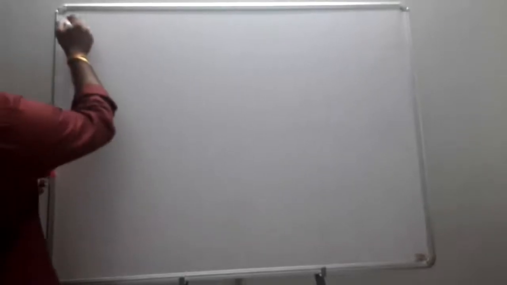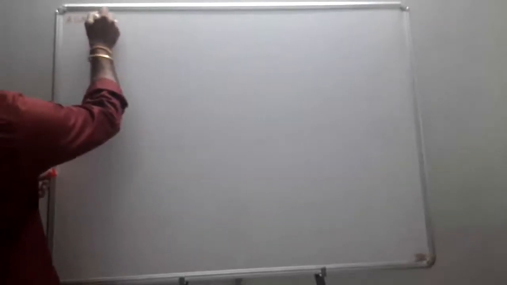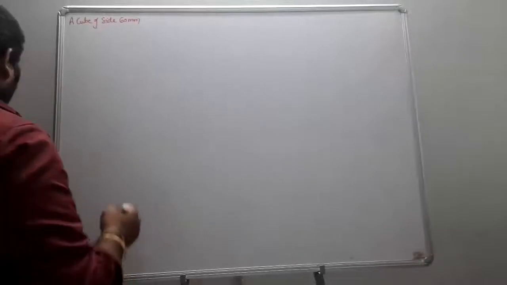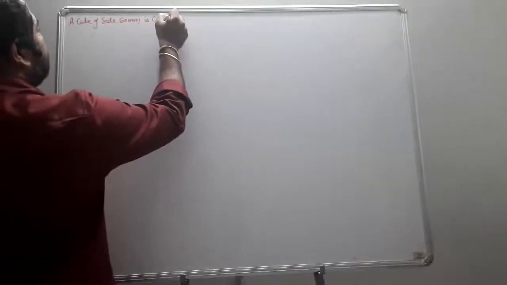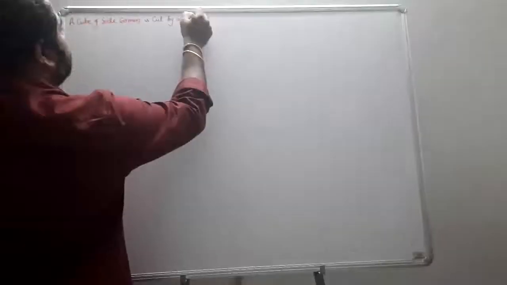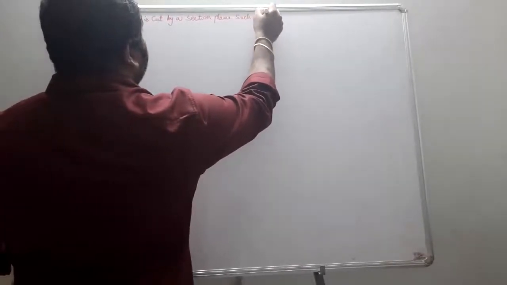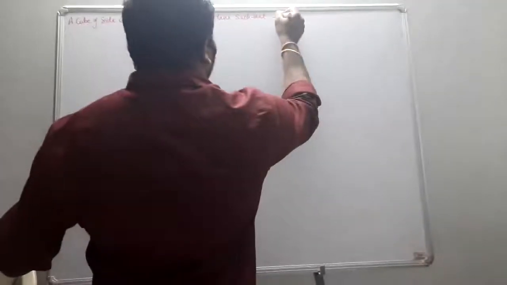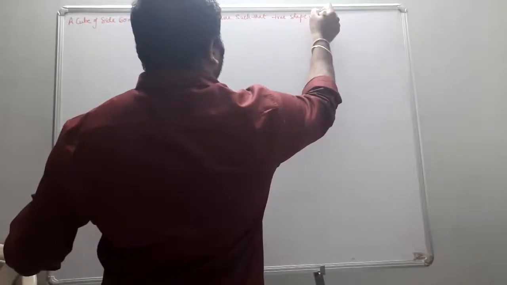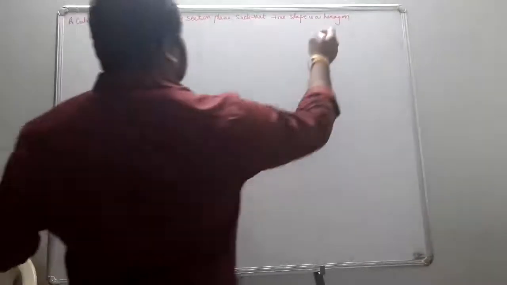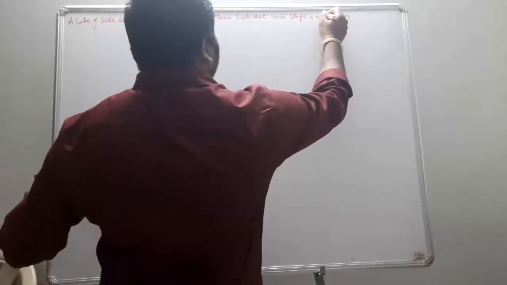A cube of side 60 is cut by a section plane such that the true shape is a regular hexagon.